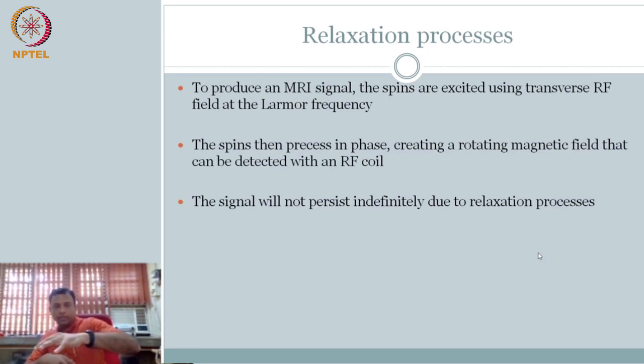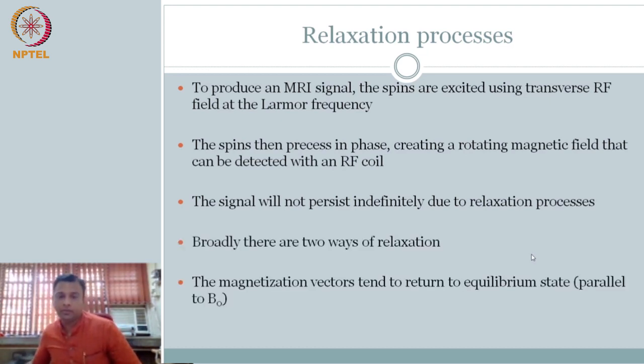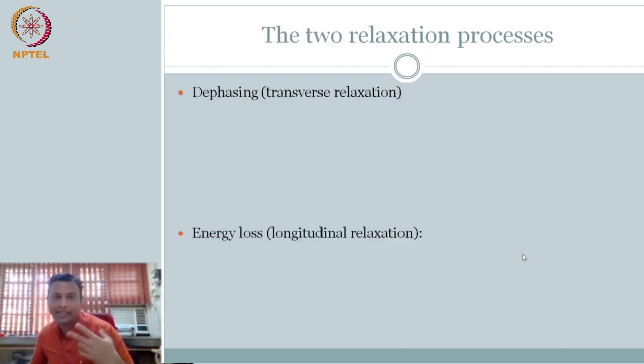Once the signal coherence is gone, the signal is going down in the transverse plane, while along your Z axis, your longitudinal component is building up. That is relaxing to gain signal strength, whereas the XY components relax to lose signal strength, right? So there are two aspects to it, and we will break them down. There are broadly two ways of relaxation.